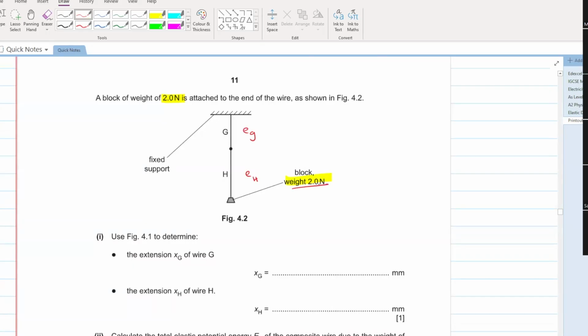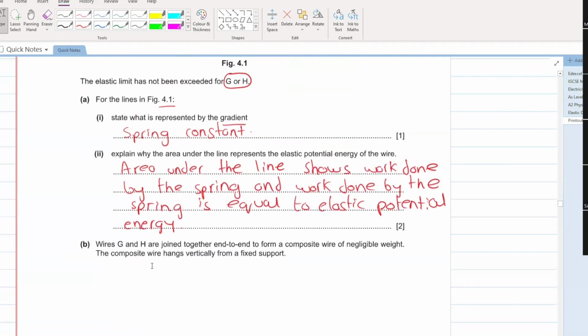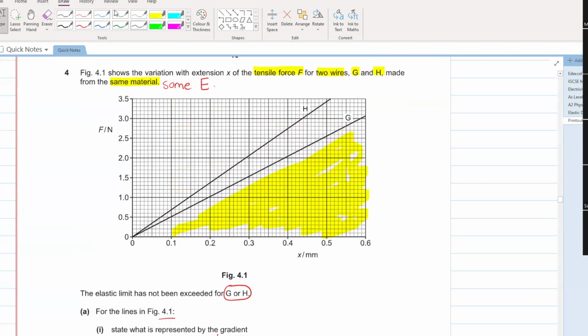Now, if a block of 2 newton is attached here, this means what? This wire will also have 2 newton of force. So, if wire G has a force of 2 newton, what is the extension? Let's draw a dotted line here, somewhere here. That is 0.39.